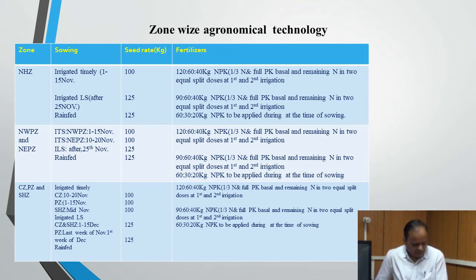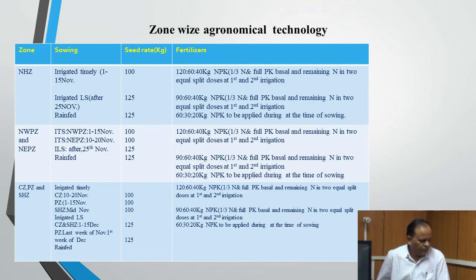Here the fertilizer dose will be 90, 60 and 40 kg NPK per hectare. 1/3 of nitrogen and full dose of P and K will be applied as basal dose, and the remaining nitrogen in 2 equal split doses at first and second irrigation.